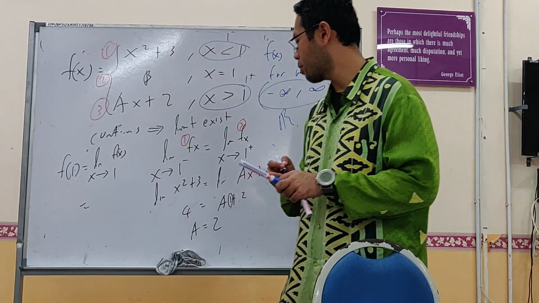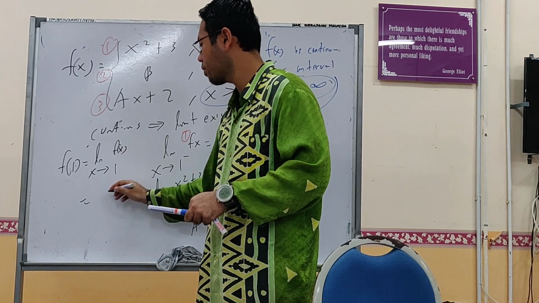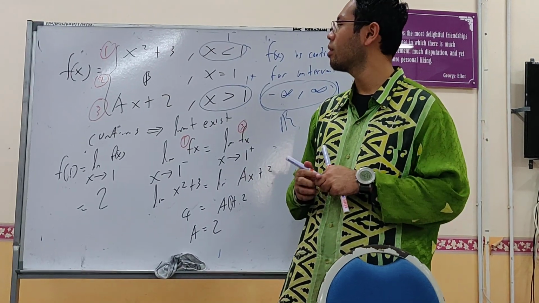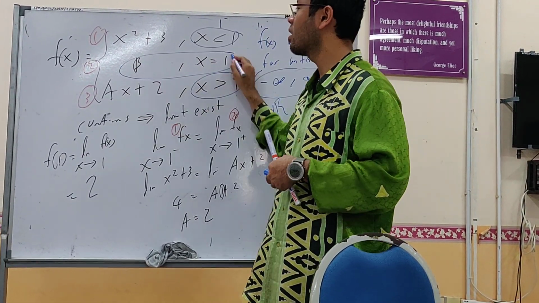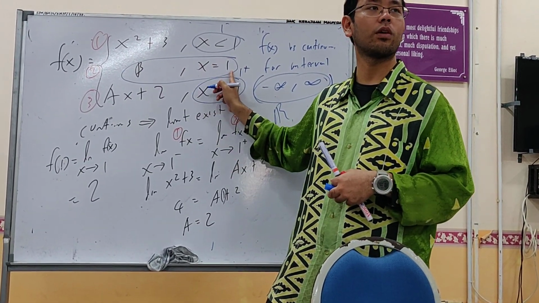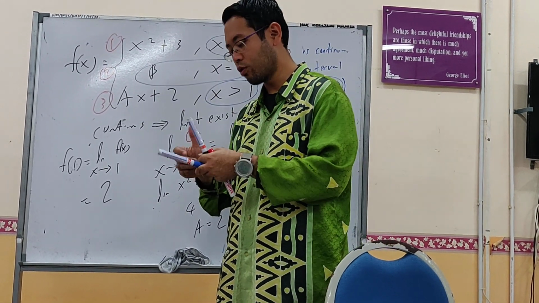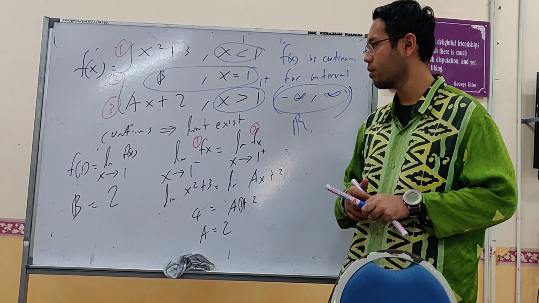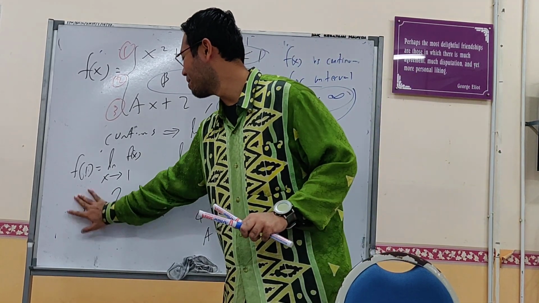What do we know about the limit? So what is f(1)? f(1) is b, because it's x equals to 1. So b is automatically the limit. Sorry, the limit is 4.